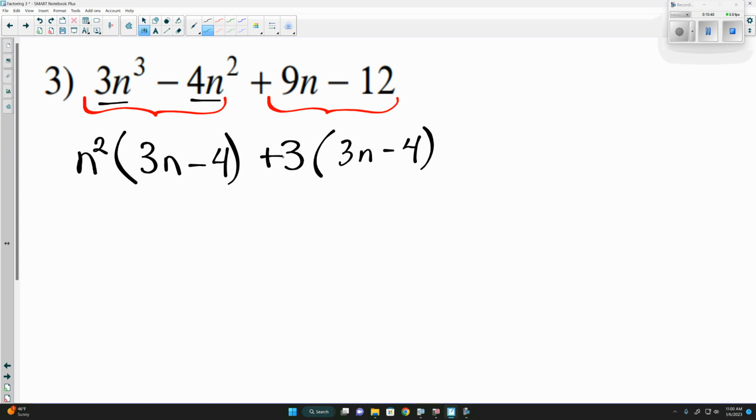We need to factor out a positive 3, because 9n divided by 3 is 3n. Negative 12 divided by 3 is negative 4. So once we get one of them, we can use it to figure out what the other one has to be. Now at this point, we can factor out the 3n minus 4 from both, leaving us with n squared plus 3.